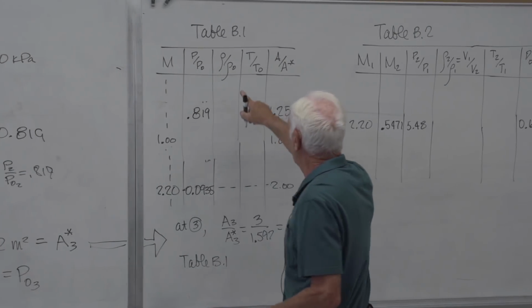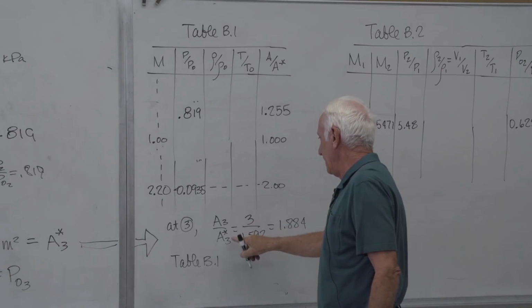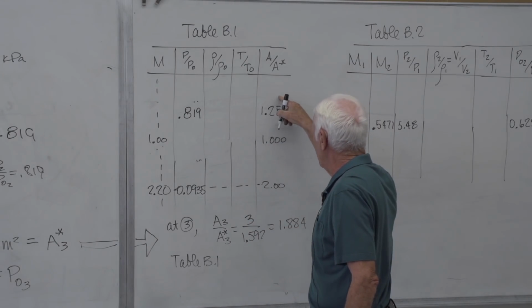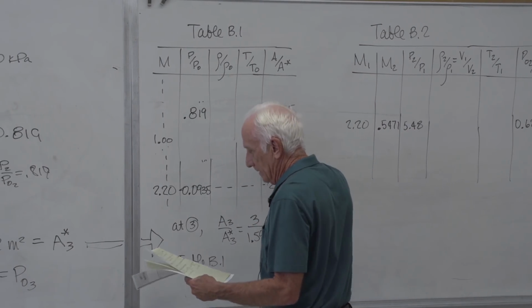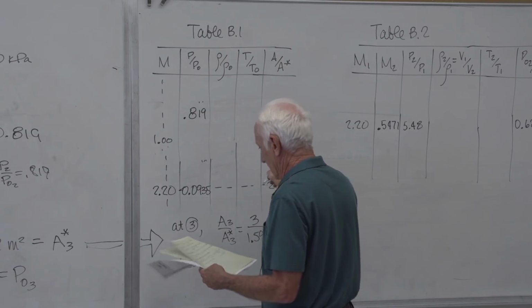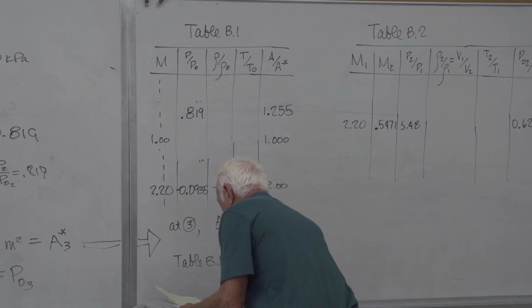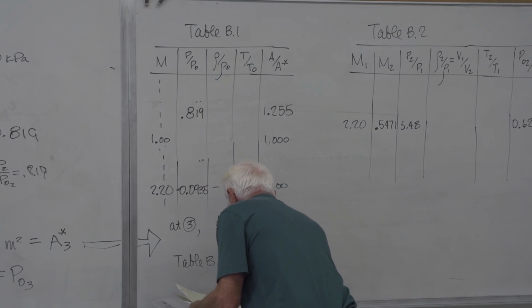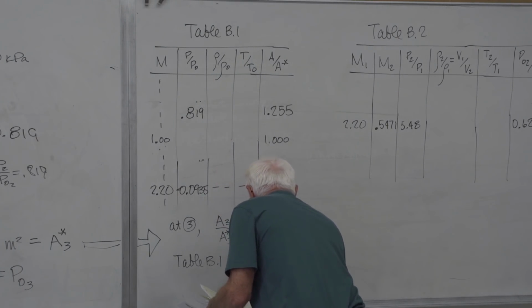Go here to table B1. Find the A3 over A3 star over here. Okay, that would be over here. From table B1, Mach number at 3 then, 0.330 subsonic.